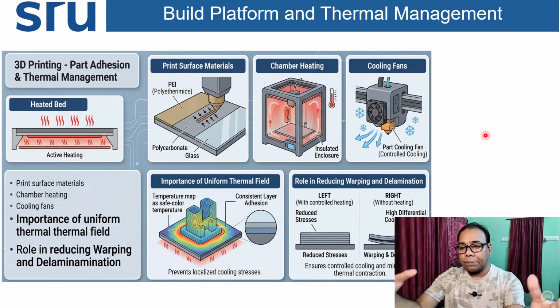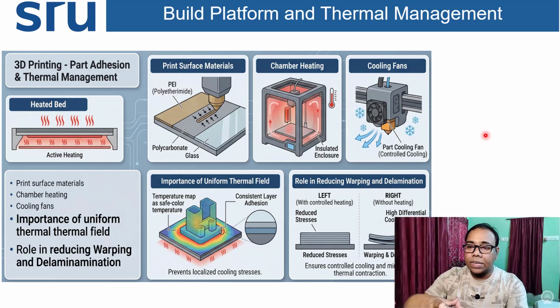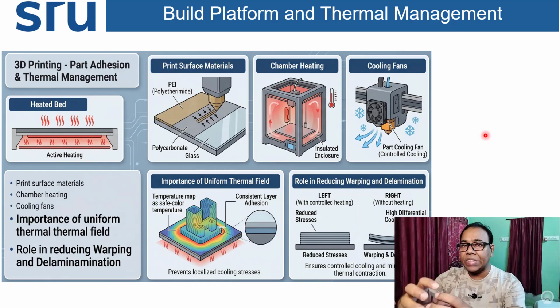Inside the chamber, all components will be there: sensors, the motion control system, the build platform along with the build platform material. So other parts will also be affected by the heating of the filament and nozzle.